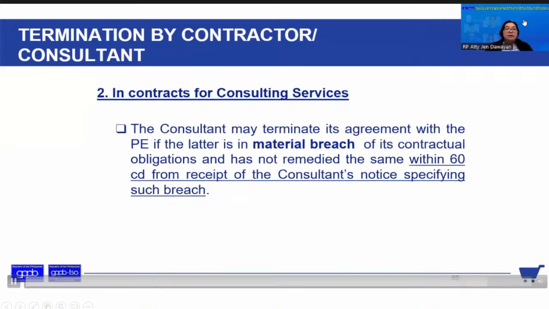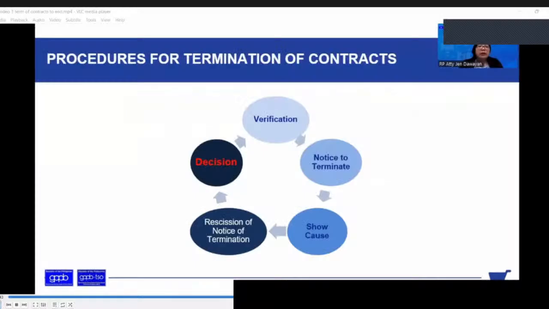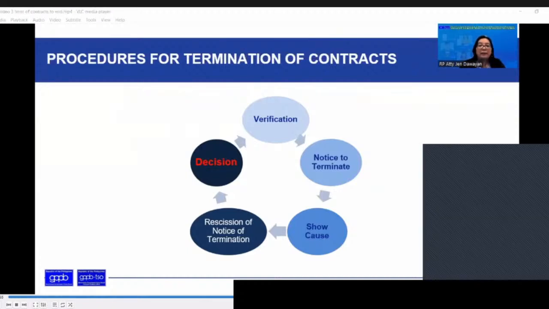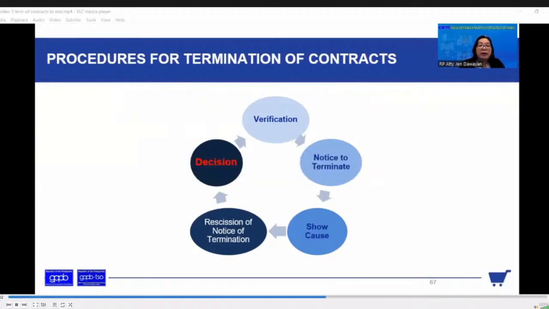So what about consulting services? So the consultant, for termination of contract. So ito po yung verification, no? And with such notice, there is such a written notice of the acts which may constitute kung ano yung breach na yan, ano mo yung i-terminate na yan, no?